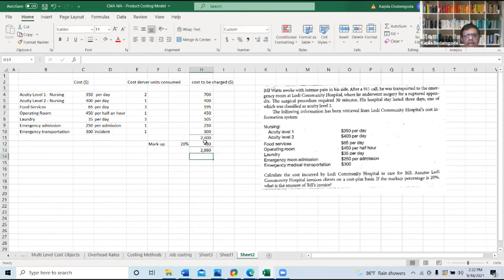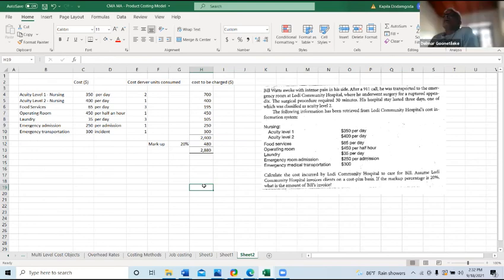So 2,880 is the amount to be charged. Are we okay? Okay, so this is actually what it is.